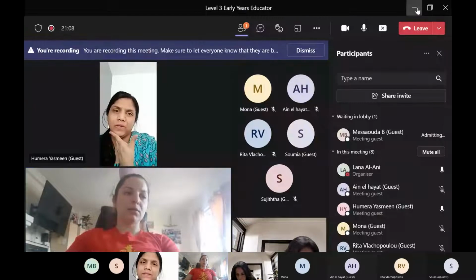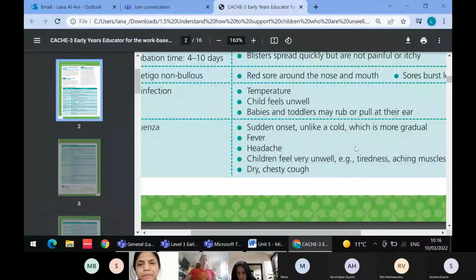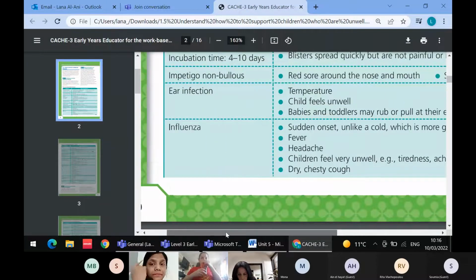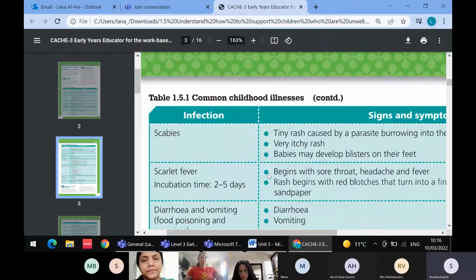Yes, the child will be tired, feeling chesty, feeling unwell. And they have a dry chest, cough, tiredness, as your colleague said, aching muscles. They will be feeling really tired, and their body hurts. Muscles, yeah. Very good.